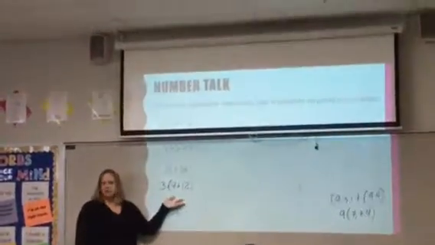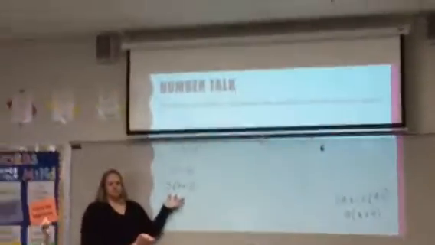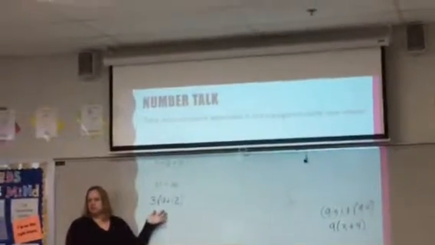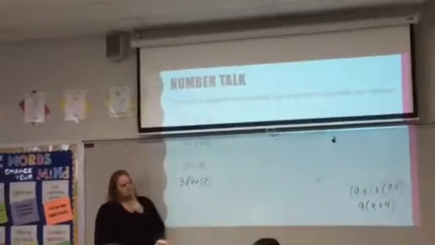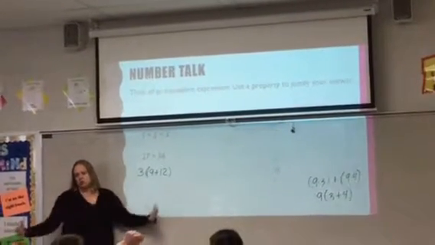Who can write it to me another way? Show me another way with this. How else could I write this? What's your question? Would we do like 3 terms? Remember, we want to try and stick to 2 terms. We don't want to make more terms.